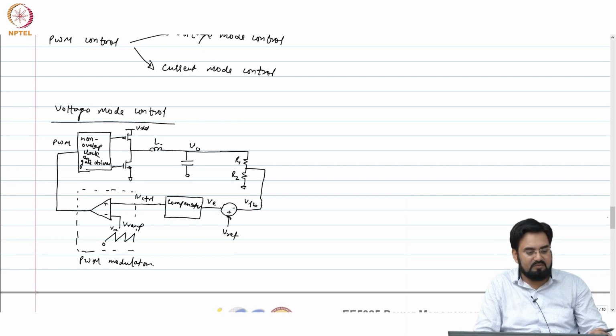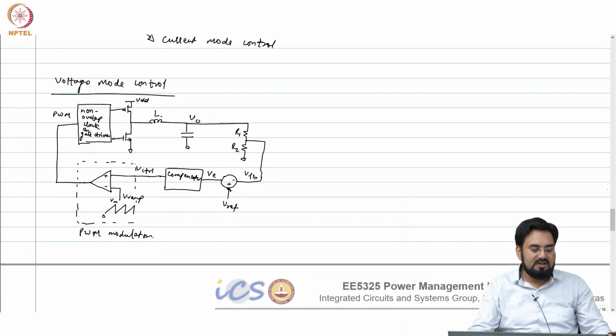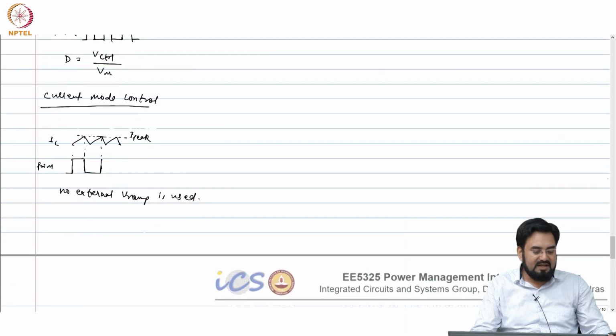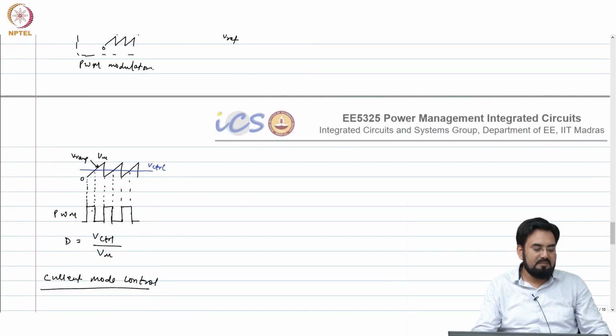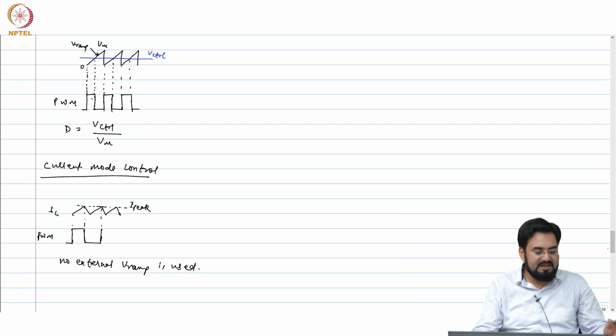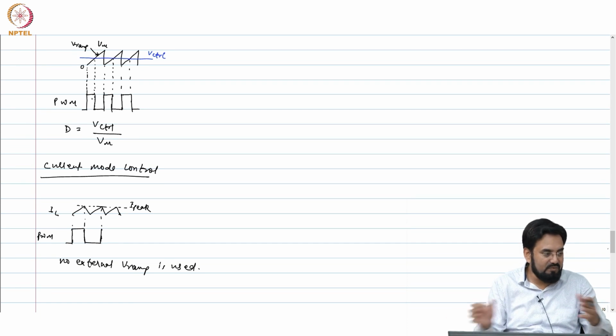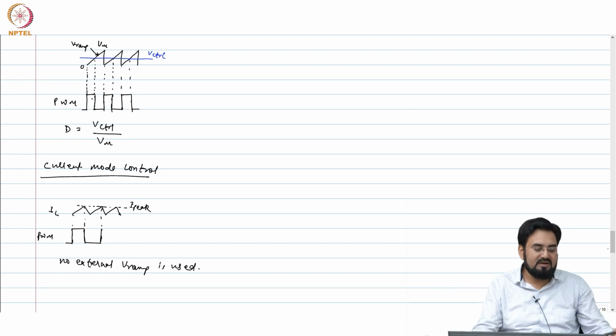Another reason is that voltage mode control is widely used compared to current mode, because current mode has certain limitations: noise performance is not better, and operating at a very low current and very wide duty cycle range is not easy.